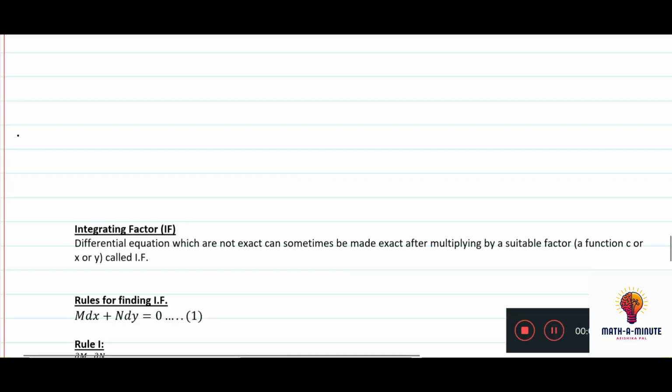So in the previous video, we learned how to check whether a differential equation is exact or not.